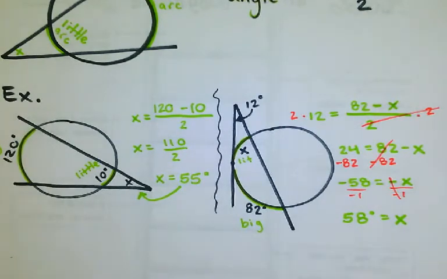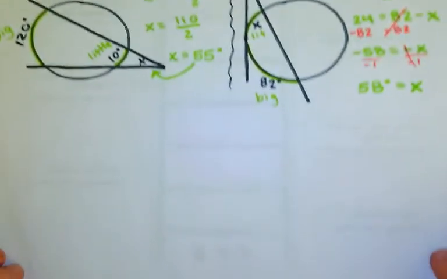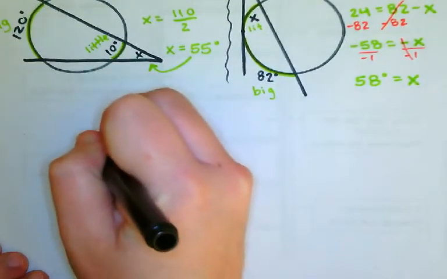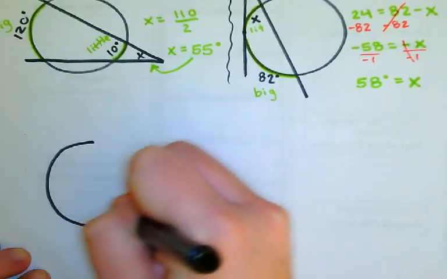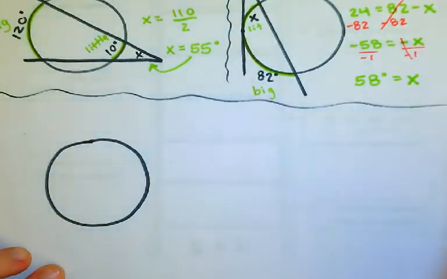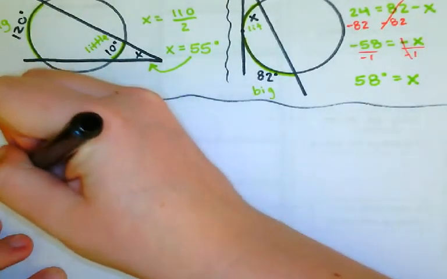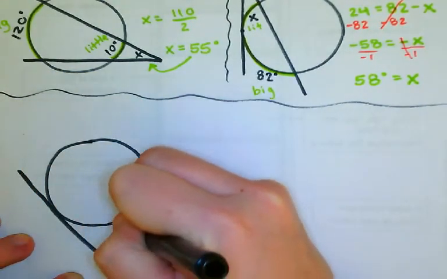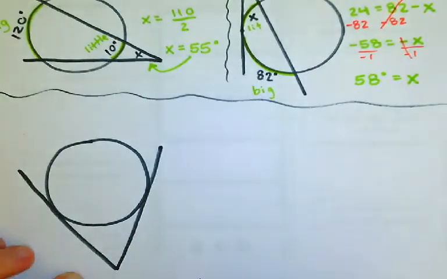Alright. Our very last example. I am going to draw a circle here. And let's say this time we have 2 tangent lines.